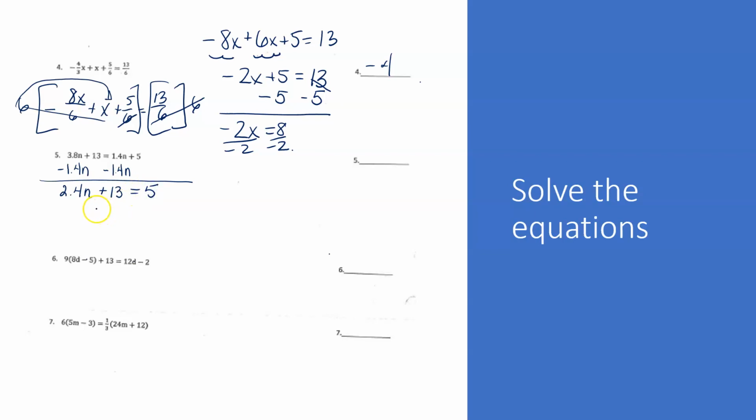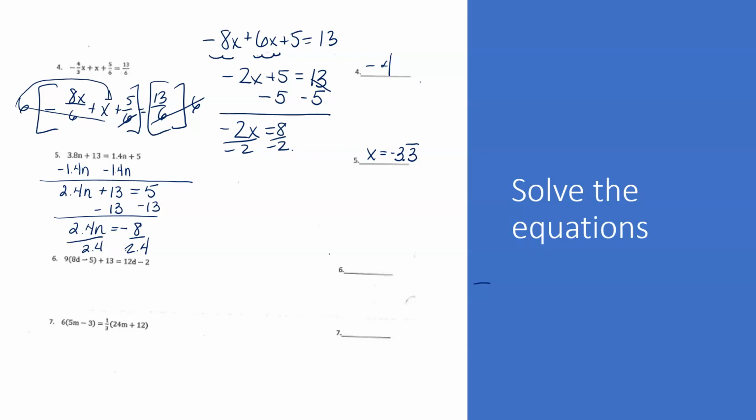I'm going to subtract 13 from both sides. So I have 2 and 4/10 n equals negative 8. And I'm going to divide by 2 and 4/10. So I have n equals negative 3 and 3/10 repeating.